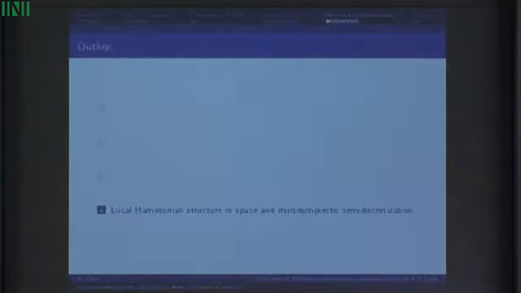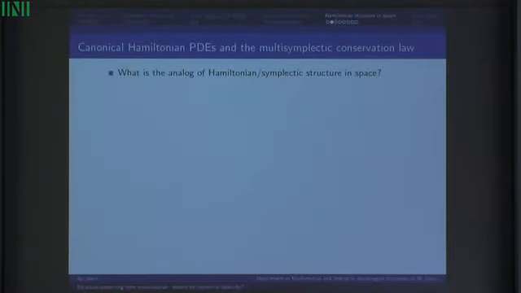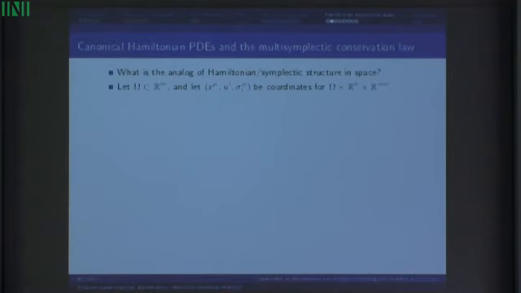All right, so finally, and this is just going to take a couple of minutes, I just want to briefly gloss over some work with Robert McLaughlin on Hamiltonian structure in space. So what is the analog of Hamiltonian structure for PDEs in space, even PDEs that are not time dependent?